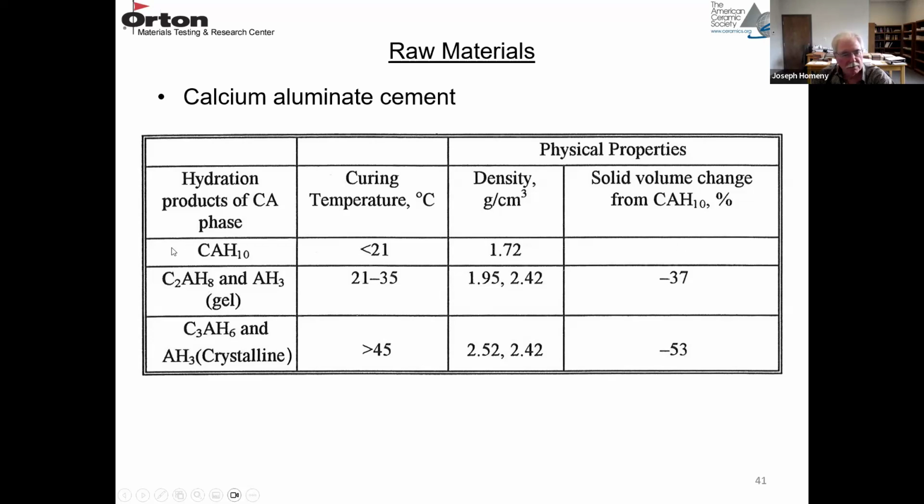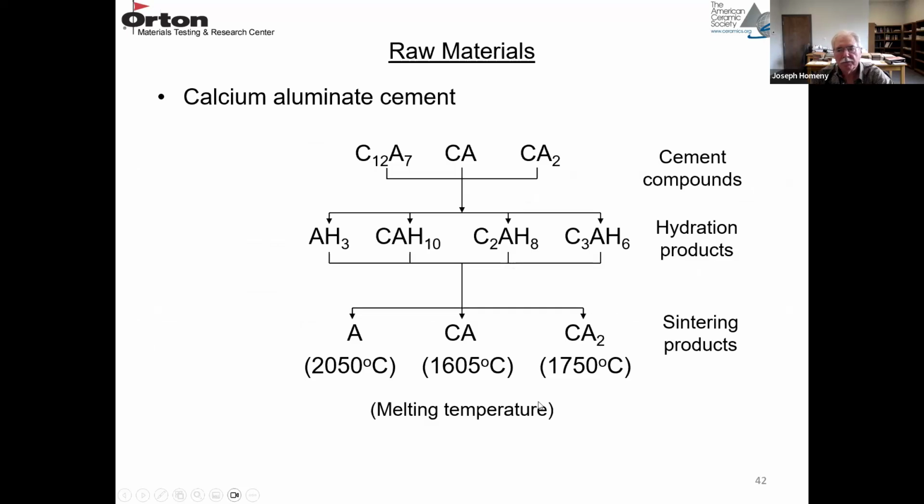So you don't want to start out with CaH10 because you have all this excess water and you have these large volume changes. So casting at room temperature removes this volume change. Casting at higher than room temperature removes this volume change. So avoiding those volume changes, you're going to end up with a much denser, stronger material. So again, casting a calcium aluminate cement, you should do it at room temperature or slightly higher.